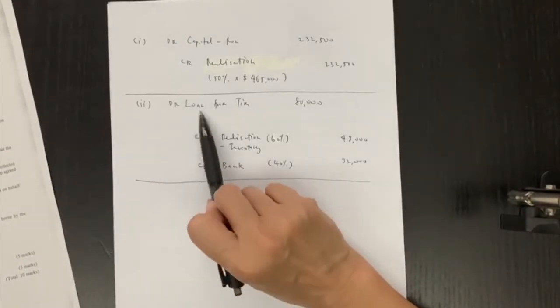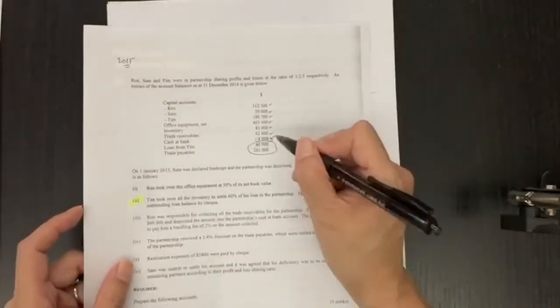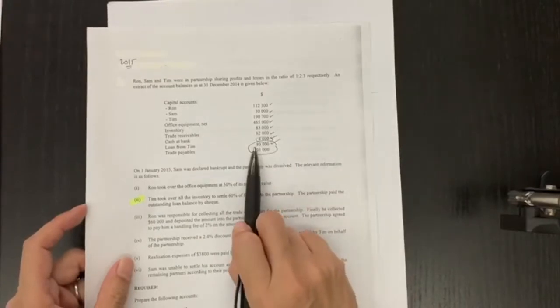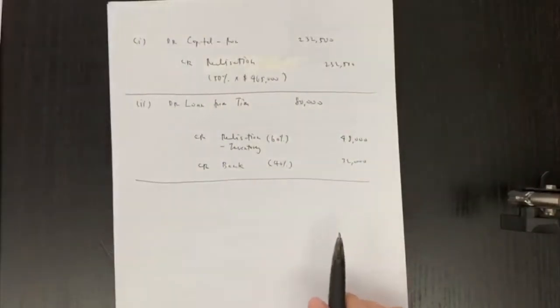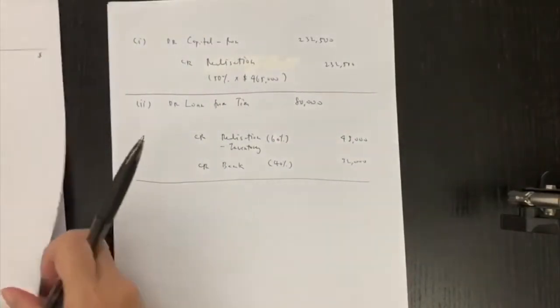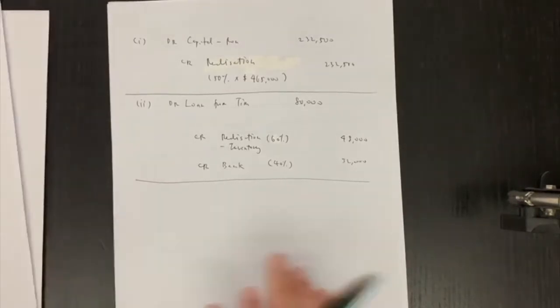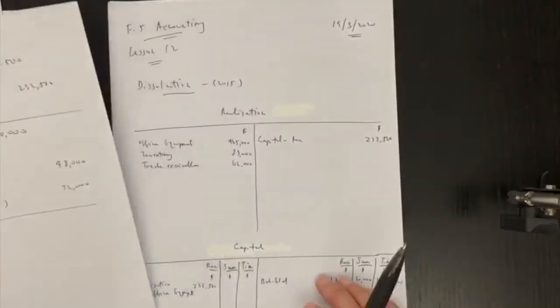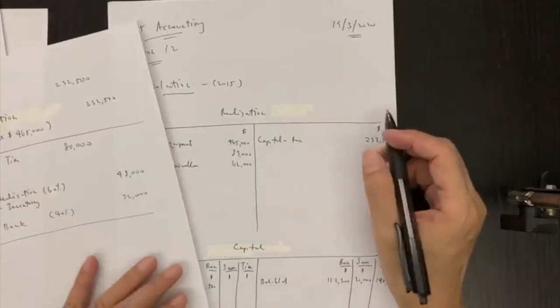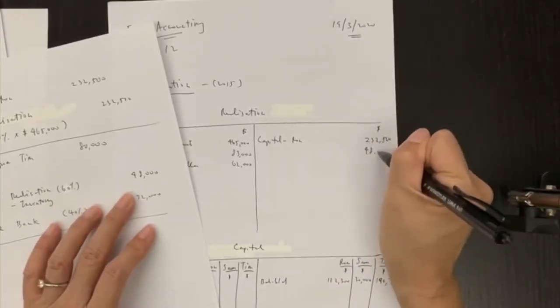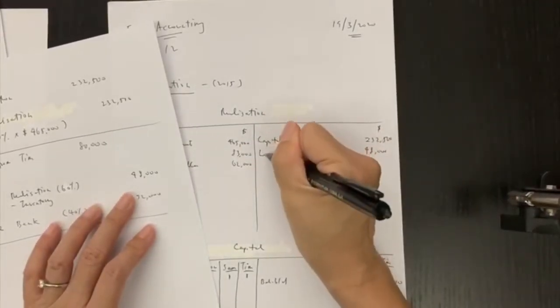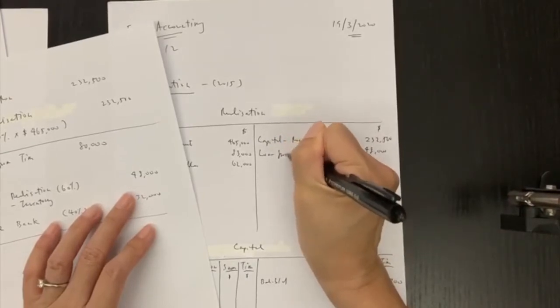So therefore, debit loan from Tim. Okay, tick. That means we have no more loan. All right, and then I have to credit my realization account. So here is my realization account. So 48,000, which is loan from Tim.